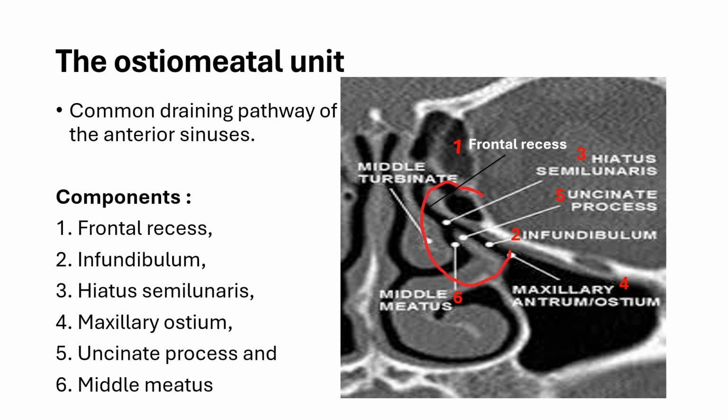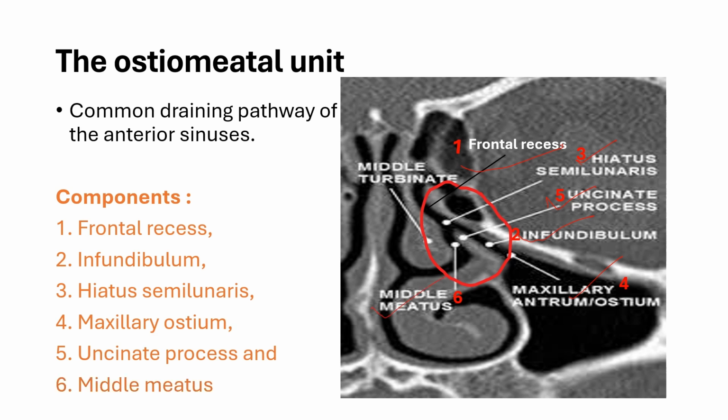The components of the osteomeatal unit are: one, the frontal recess, as we can see here; two, the infundibulum; 3, the hiatus semilunaris; 4, the maxillary ostium; 5, the uncinate process; and 6, the middle meatus.